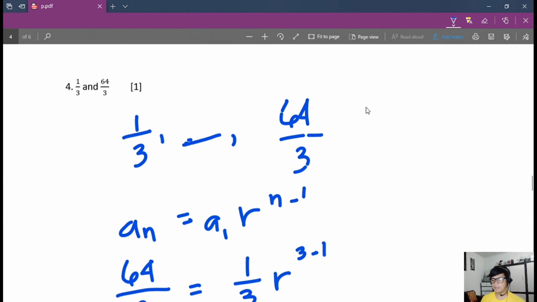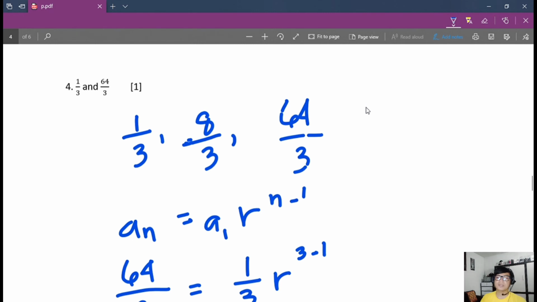So, 1/3 times 8 is 8 over 3. So, 8 over 3 times 8 is 64 over 3.